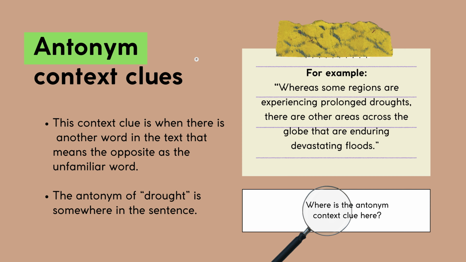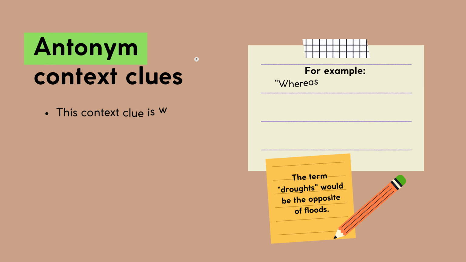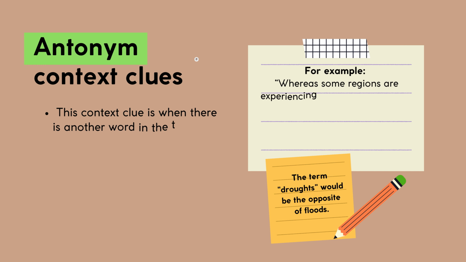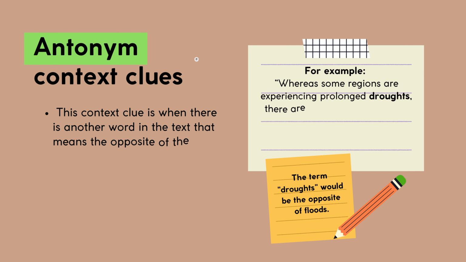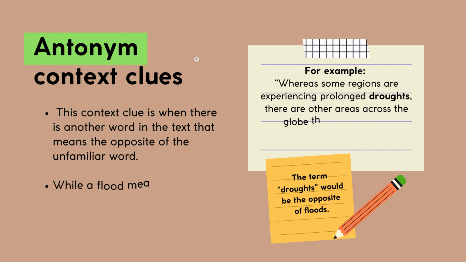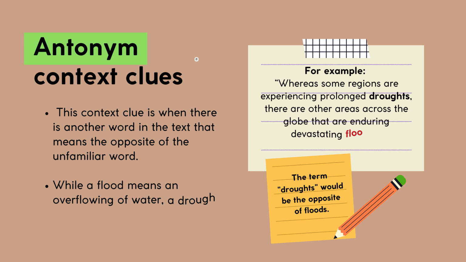Whereas some regions are experiencing prolonged droughts, there are other areas across the globe that are enduring devastating floods. While a flood means an overflowing of water, a drought is a period of very dry weather. The term drought would be the opposite of floods. That's why these are called antonyms.